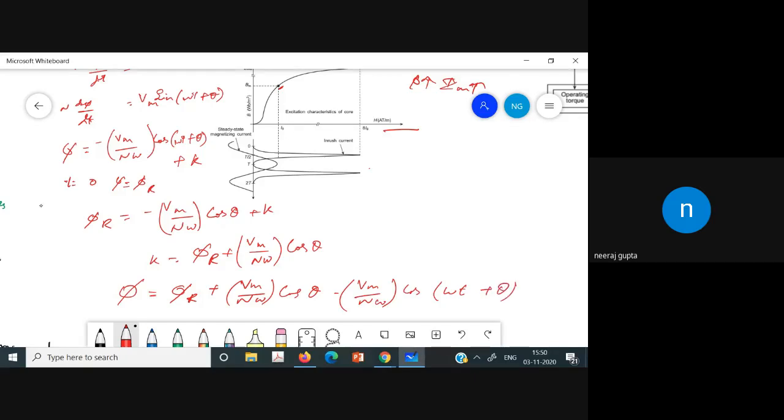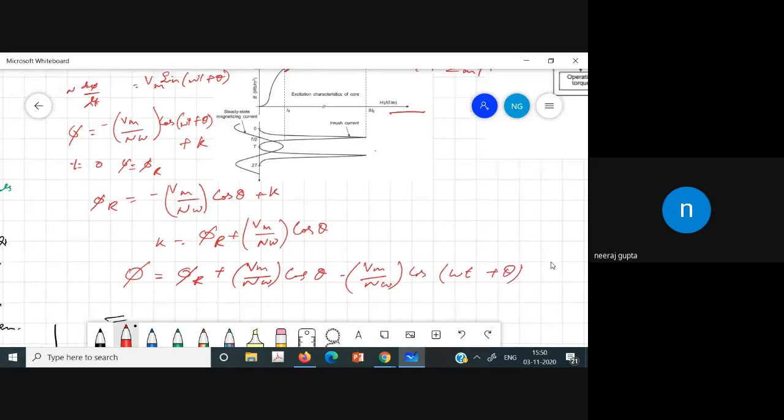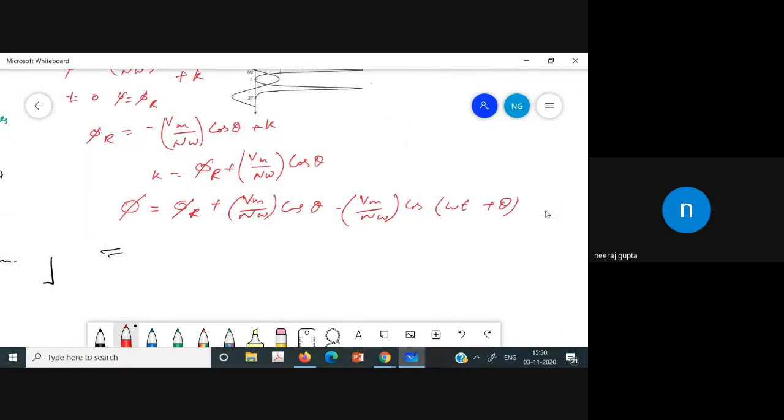The final expression can be written as phi equals phi r plus phi m cos theta minus phi m cos of omega t plus theta.